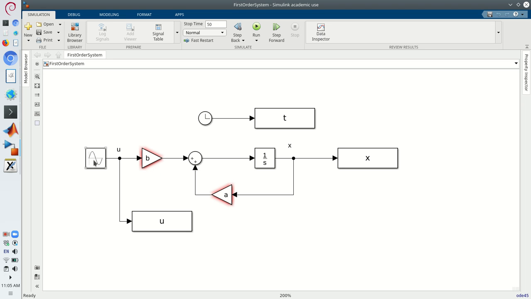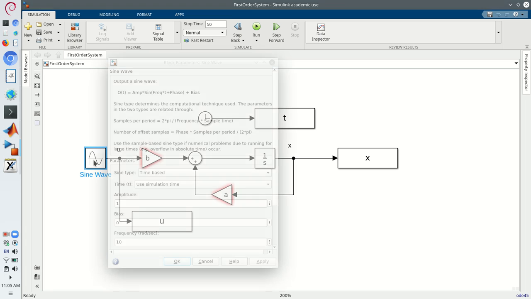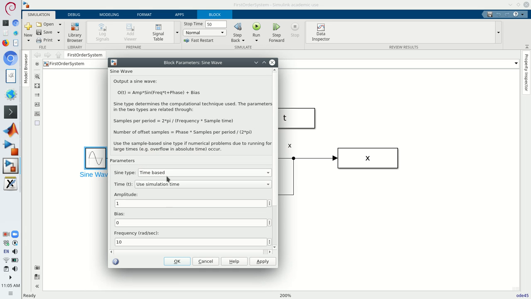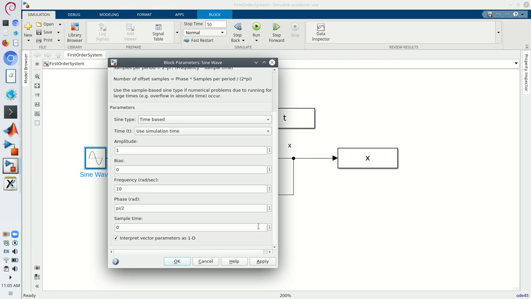One thing that I want to check here is that everything is okay in the sense of parameters. So I want to put an amplitude that is equal to 1, and let me see the phase.